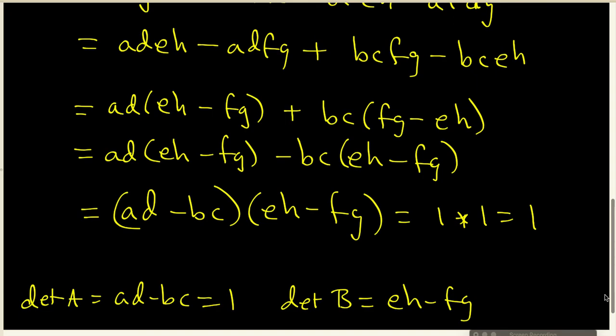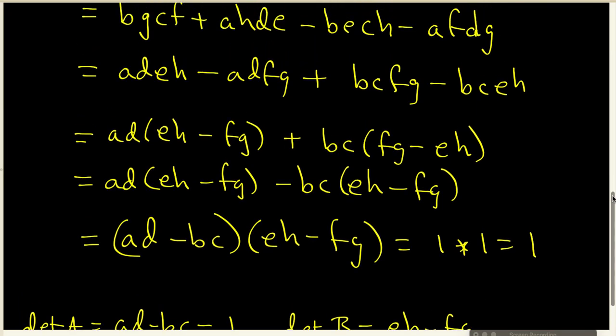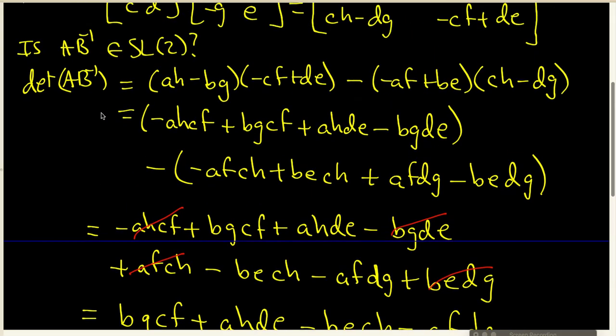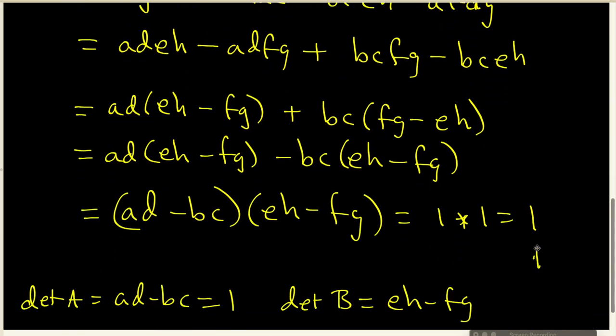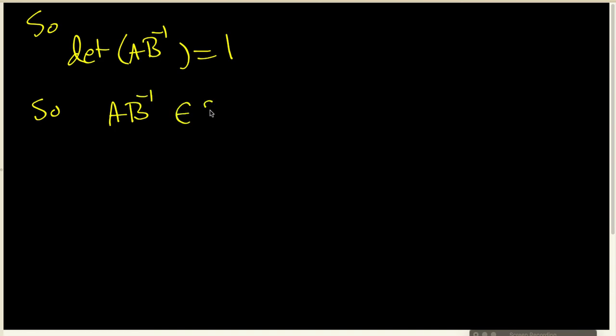So the upshot of all of this is that the determinant of A times B inverse does turn out to be 1. So we've now shown that the determinant of A times B inverse is equal to 1. And so that says that A times B inverse is indeed inside SL2.